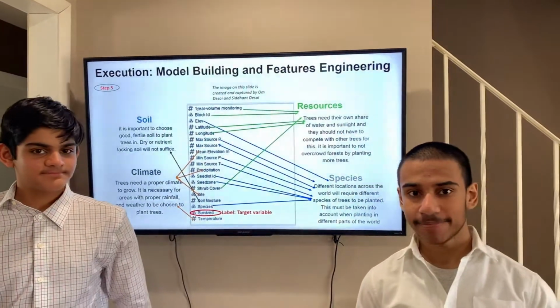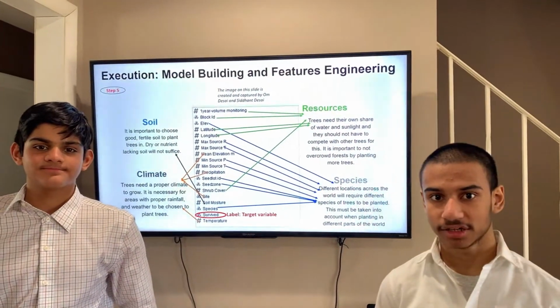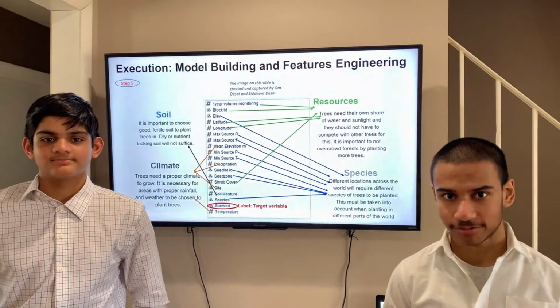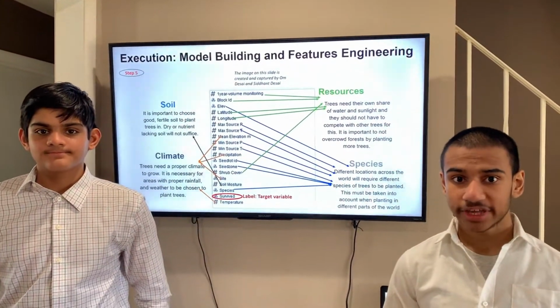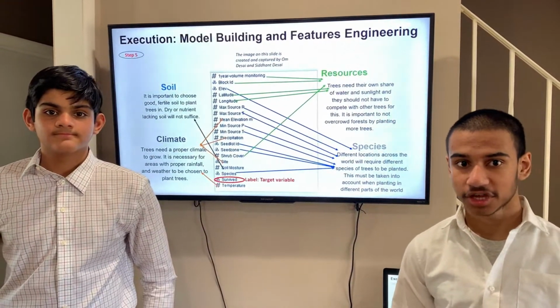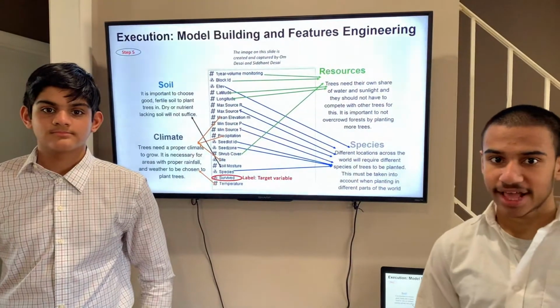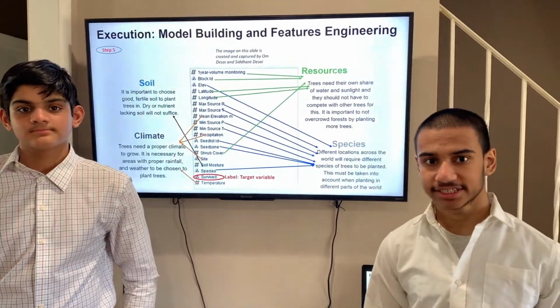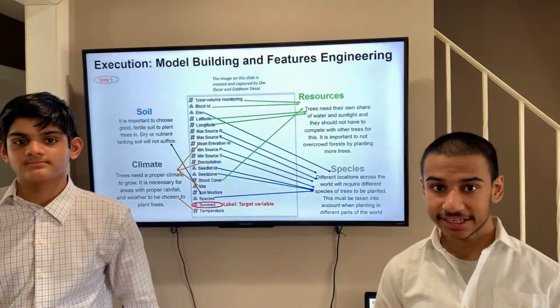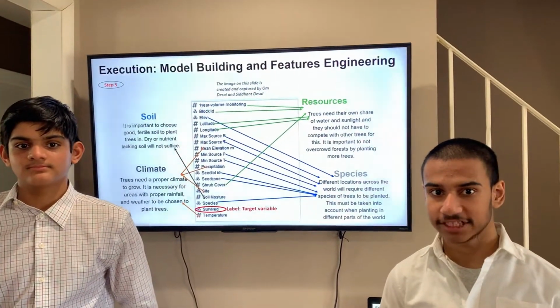To execute this step, we built a deep learning model using a multi-layer feed-forward artificial neural network. To do this, we used data provided by Derek J. Young and co-authors, who looked at trees that were planted in 3 areas that had just experienced wildfires and needed to be reforested, and he looked at the survival rates of these trees.